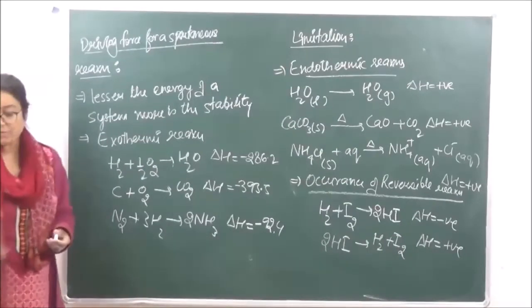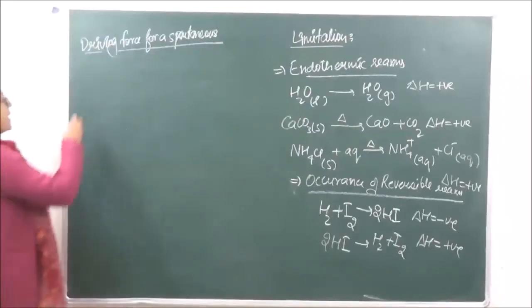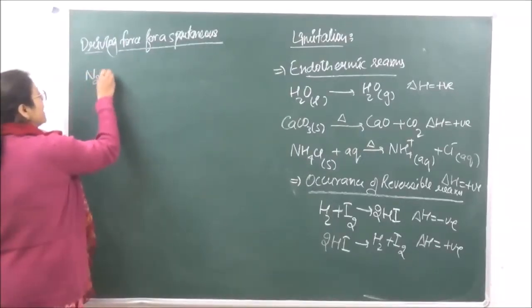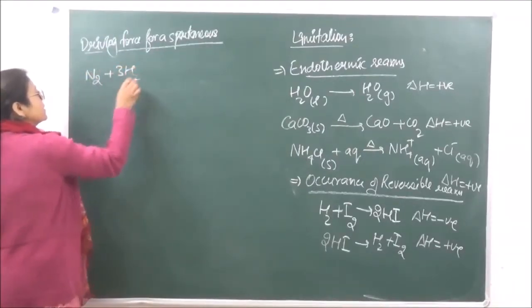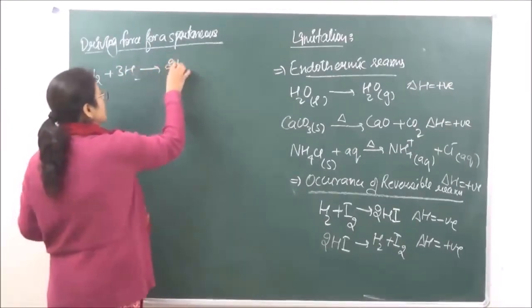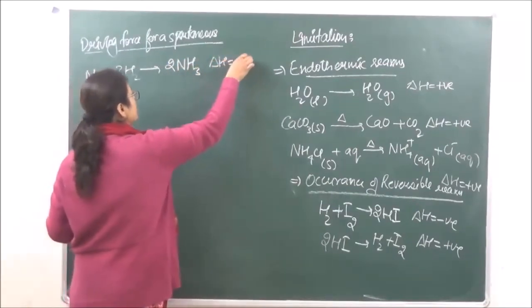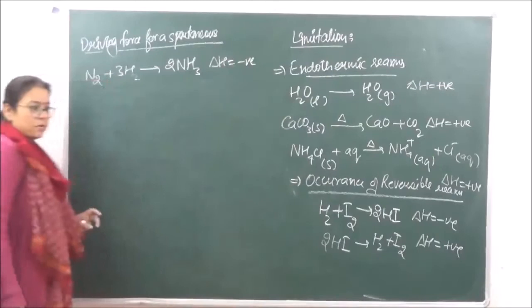Okay? Similarly, if we are taking another reaction over here, the manufacture of ammonia, N2 plus 3H2 to give us ammonia, we already know that delta H for this reaction is negative. Right?